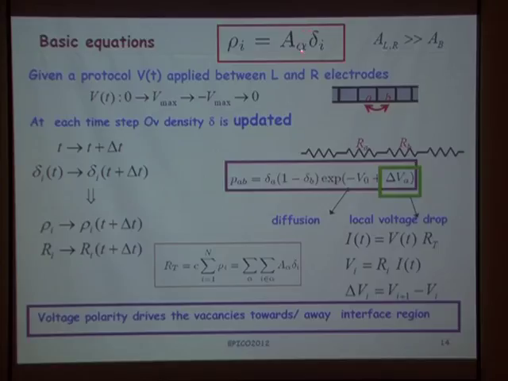As I told you before, we identified three different regions in our model: the bulk of the sample and the two interfaces. The two interfaces are the high resistive regions of the sample.